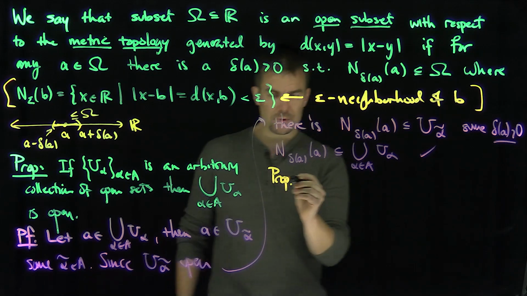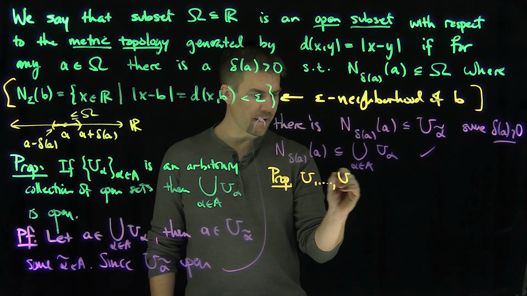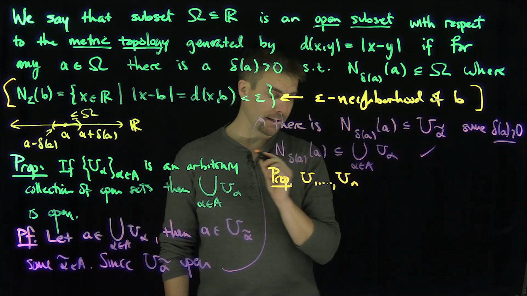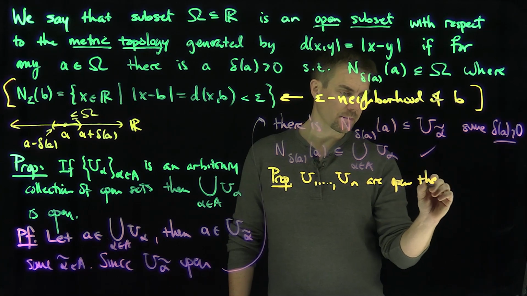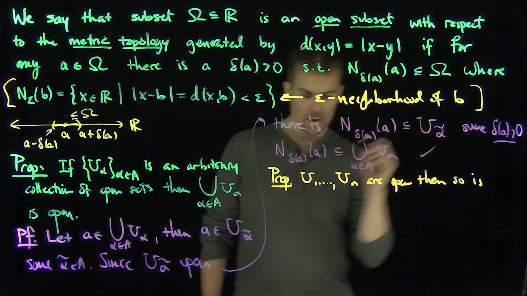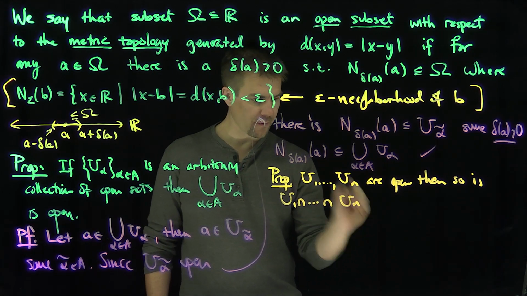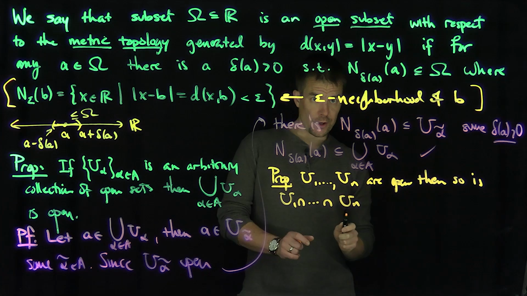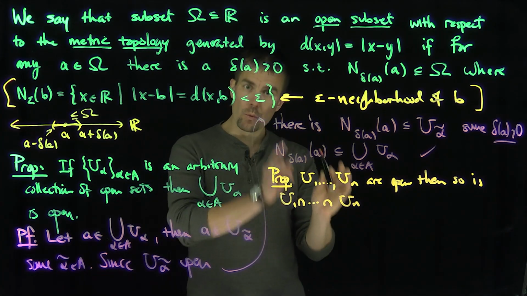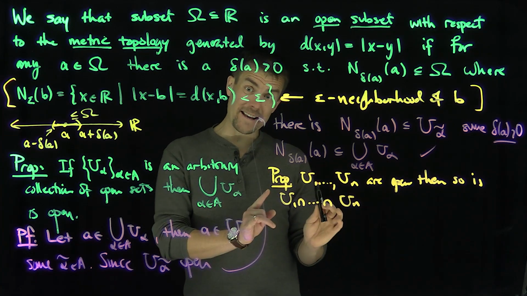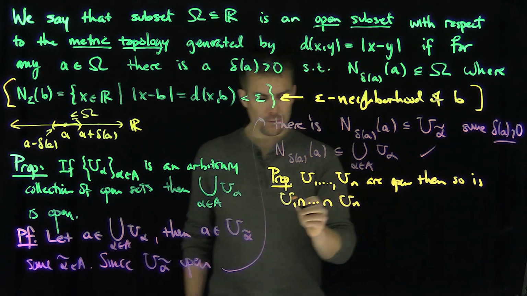The next proposition is this: if U1 through UN, a finite list, are open, then so is U1 intersect through UN. So unlike unions, where the arbitrary union of open sets is open, with intersections it's only the finite intersection of open sets that is open. And of course, how are we going to prove this? Proof.